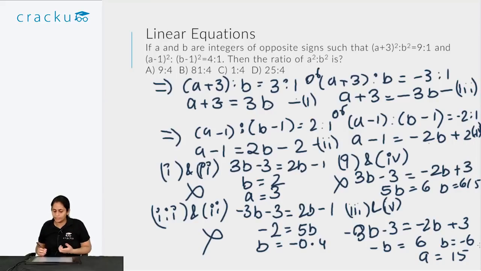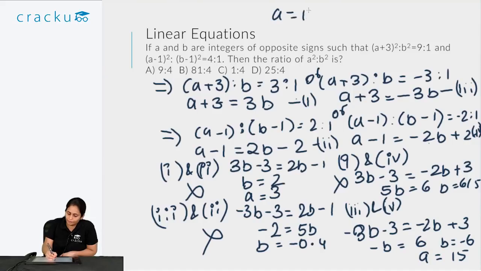So I get only one case where I get integers of opposite signs, that is when this is equal to minus 3 and when this is equal to minus 2. So the only possible answer is a is equal to 15 and b is equal to minus 6.